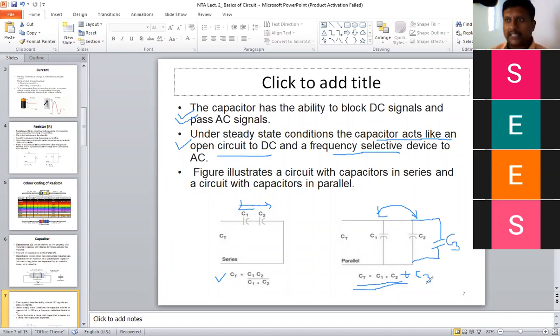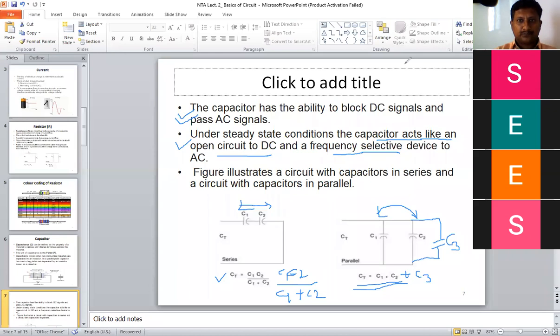So if capacitors are connected in parallel, we have to find the addition of all capacitors connected in parallel to each other. But when they are connected in series, C1 and C2 in series, we take the parallel-like combination, that is C1 into C2 divided by C1 plus C2.